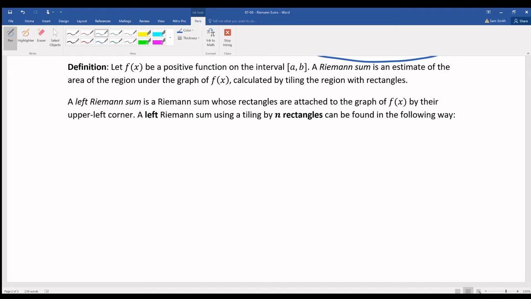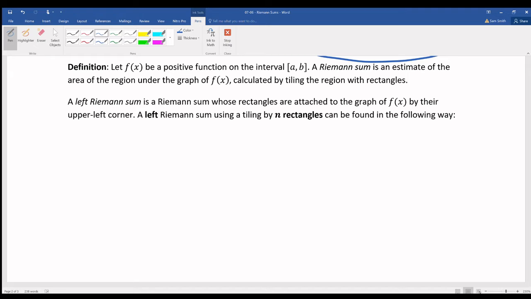A Riemann sum is an estimate of the area of this region under the graph, calculated specifically by tiling the region with rectangles, just as we did in the previous video. Now there are two main varieties of Riemann sum, depending on where you position the rectangles that you're using to do the tiling.